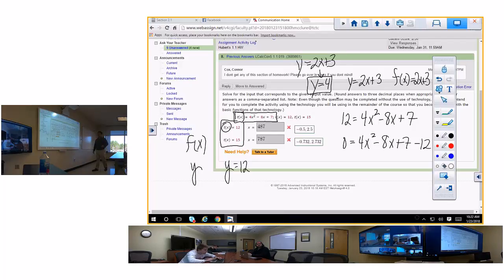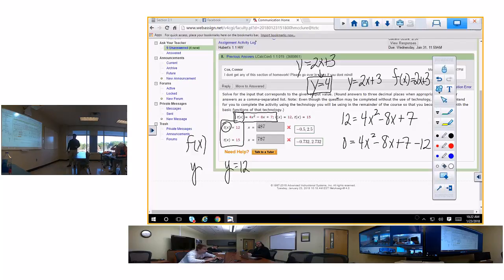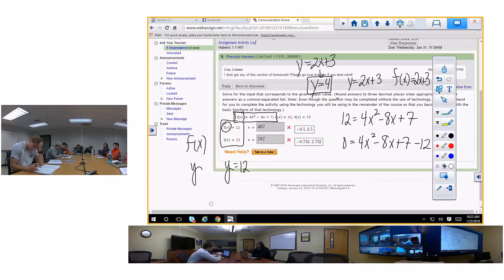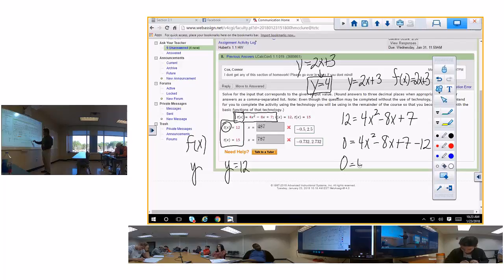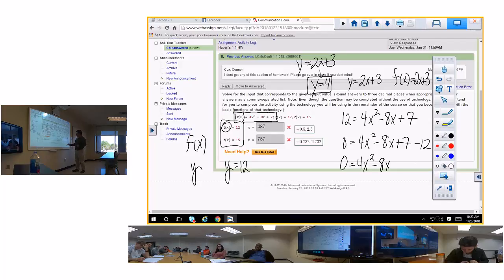All right, finish it out, all of you that didn't already do it. And those of you that haven't done 15, 15 is the same thing. You're going to make y equal to 15. 0 is equal to 4x squared minus 8x plus 7 minus 12, that's -5. And I'm going to do complete the square because I don't fool with that reverse FOIL.